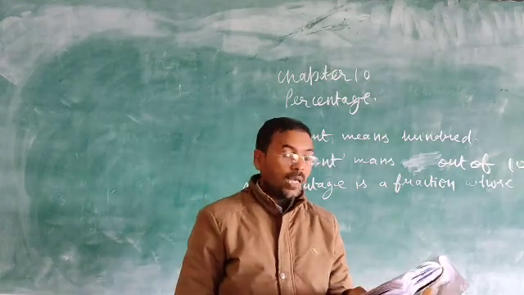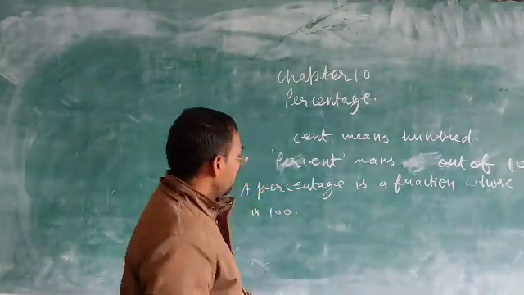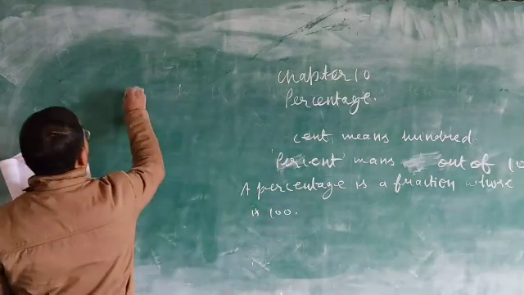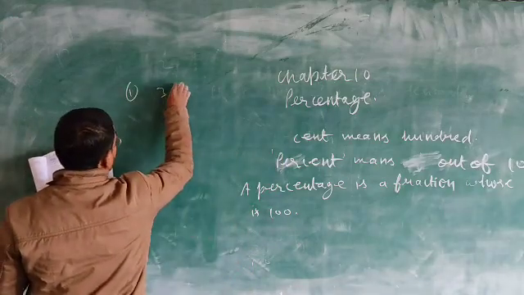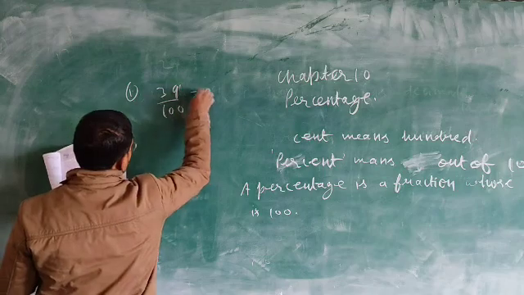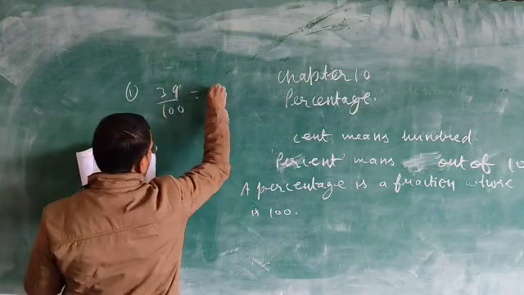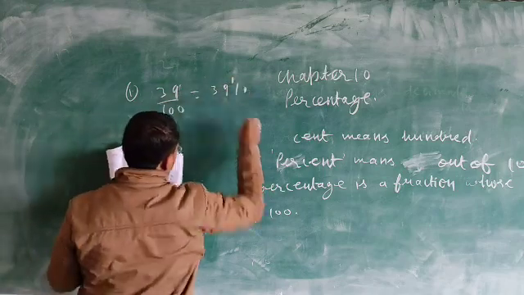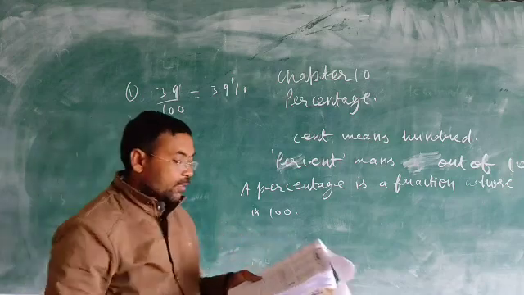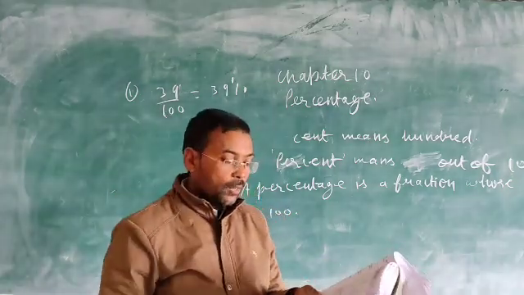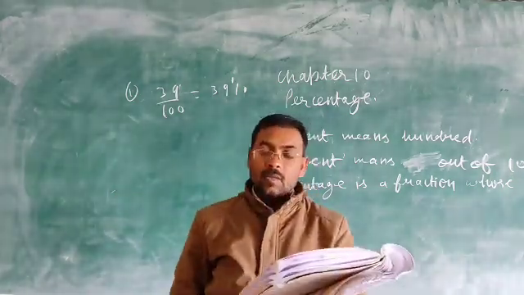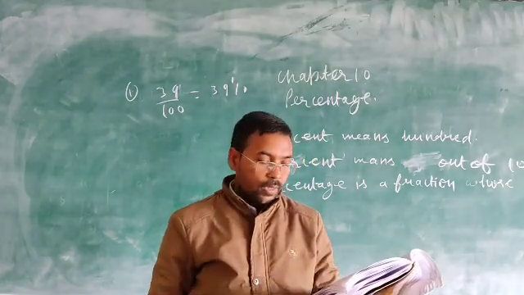It means 39% of this figure is shaded. So the first answer should be 39 by 100. We are not asking for fraction form, but I have written here 39%. Similarly, you can complete the second one, 48%, and the third one, 33%, and so on.